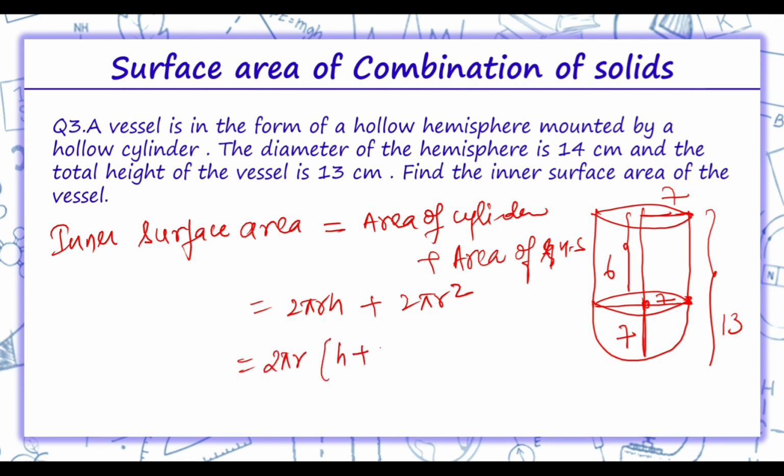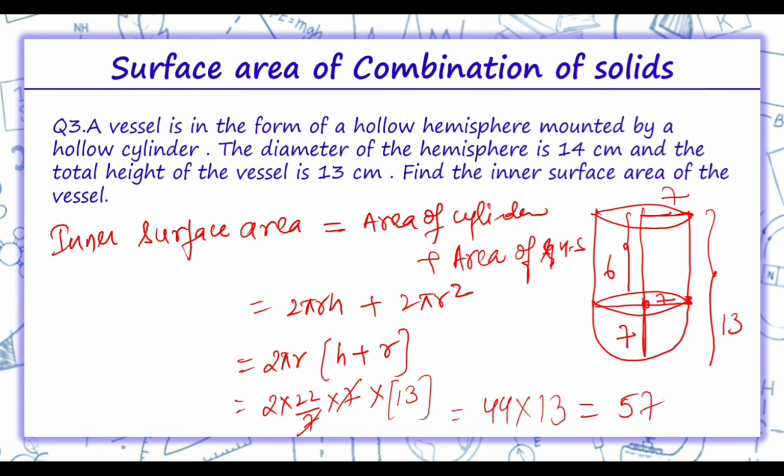So here we'll get h plus r. 2 into 22 by 7, r is 7. H plus r, it will be 6 plus 7, which is 13. This 7 and 7 got cancelled out. Thus, we'll get 44 into 13, which is equals to 572 centimeter square. Since over here we are calculating area, therefore the unit will be centimeter square only.